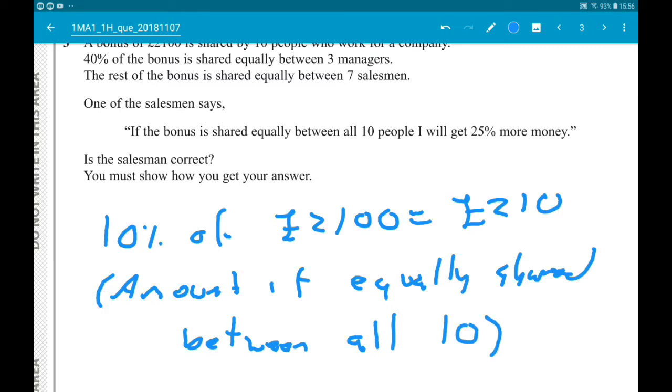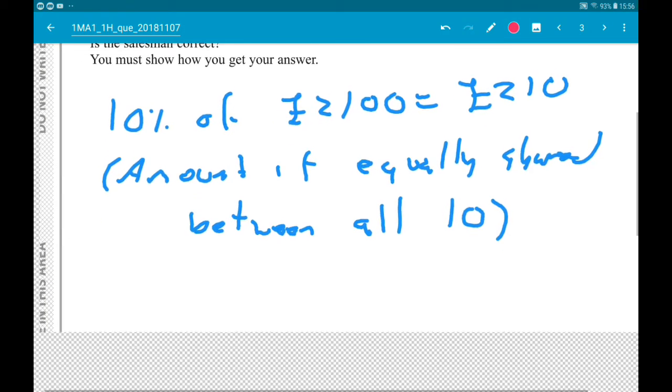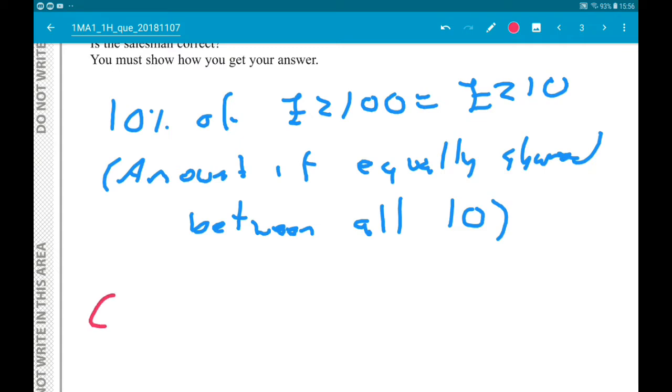Now, as it goes, the salesmen altogether only get 60%. So, 60% of 2,100, well, that's going to be 6 times 210.